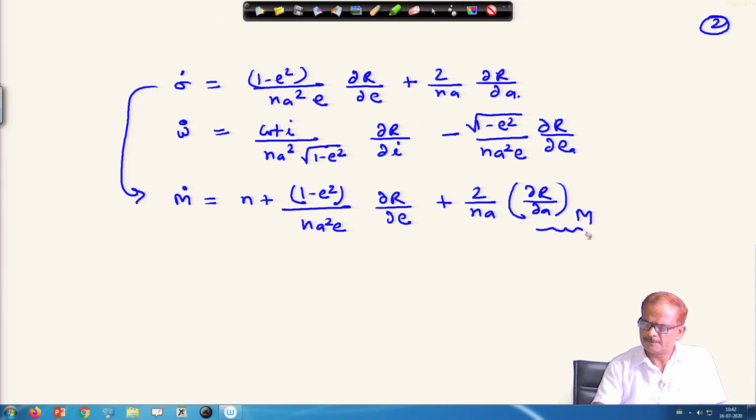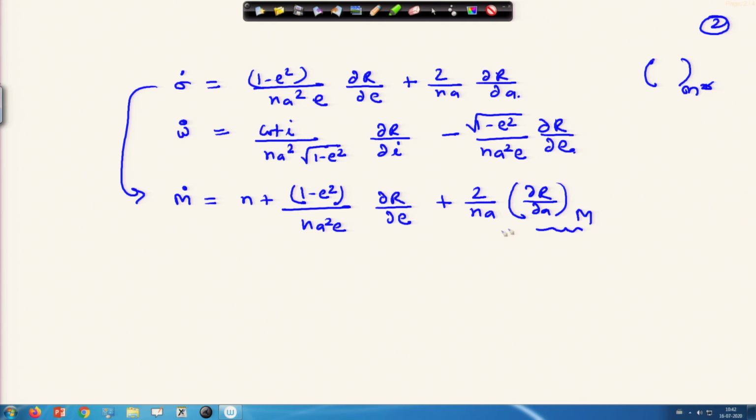This implies that you are keeping m constant. Whenever we put in brackets some partial differential like this, that means you are keeping m constant, and then you are finding this. So, either this or this, either of them can be used.